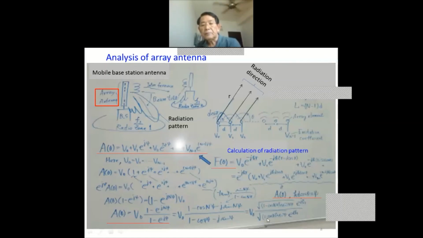This is 2 times jk cosine like this. So this is expressed by H(θ). And here for convenience, kd cosθ is put as phi. Then the A expression becomes like this.